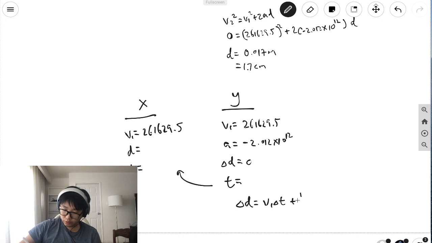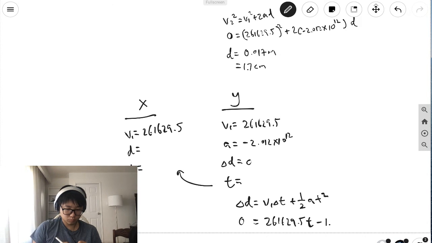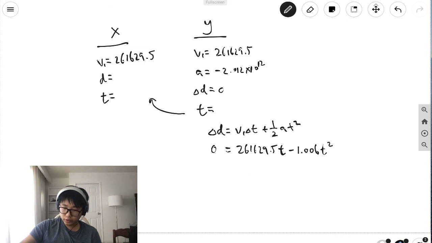So hopefully you still know all your kinematic equations. And this is probably a quadratic one. Well, actually, no quadratic equation needed because we don't have a c term, right?